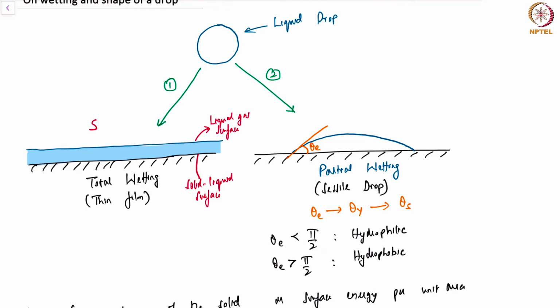If there is a net reduction in the energy, and this suggests by saying that S is greater than 0, then we have a total wetting that is favorable, and when S is less than 0, we have partial wetting. Okay.